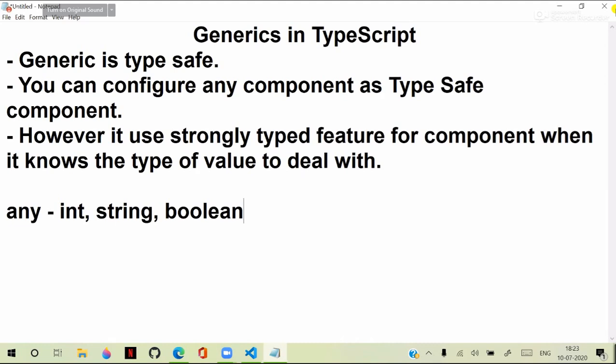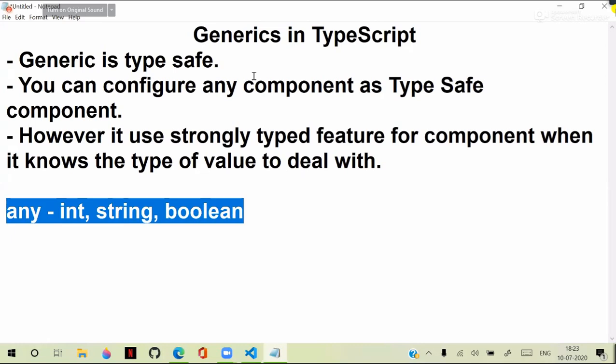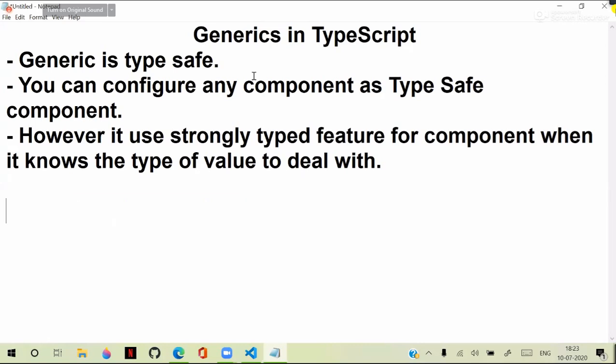So actually, the concept of generic is nothing but that the data type is initially not known to the compiler. When the value is provided, according to the value type, it can fix the data type for any reference and make it strongly typed. That is the advantage.